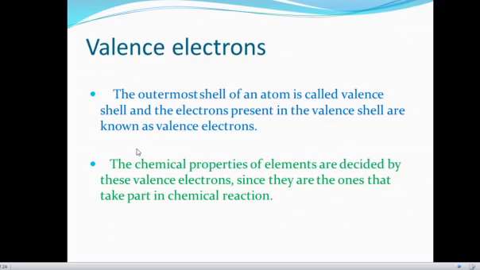Just now we discussed oxygen. How many electrons are in the outermost shell of oxygen? 6. So its valence electrons are 6. This may be asked as a 2-mark question, and these are the things that decide the chemical properties of an element.